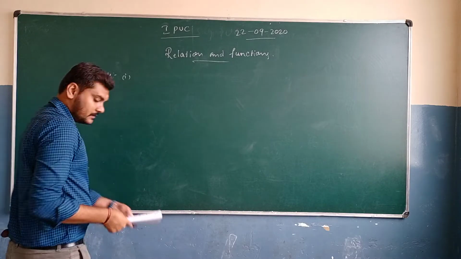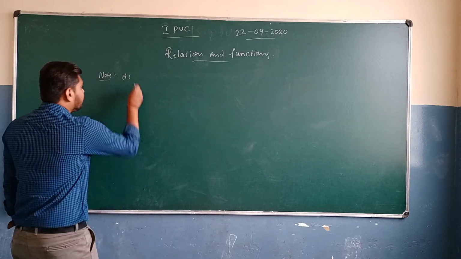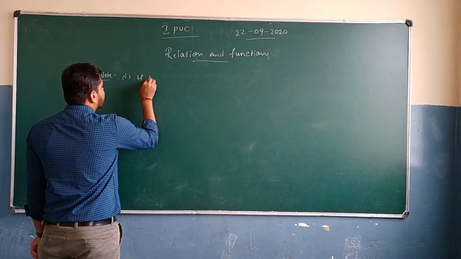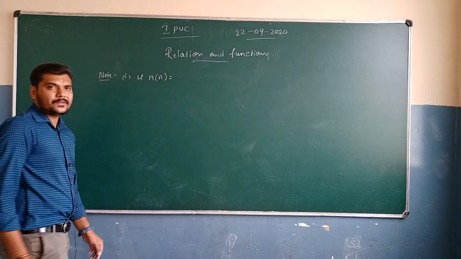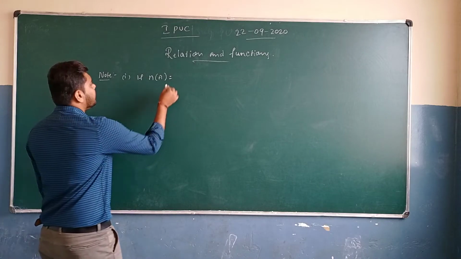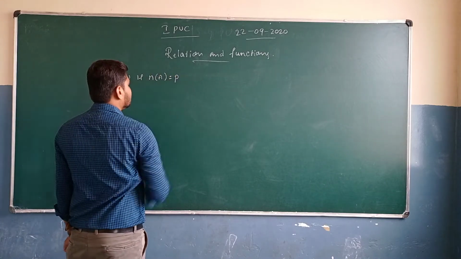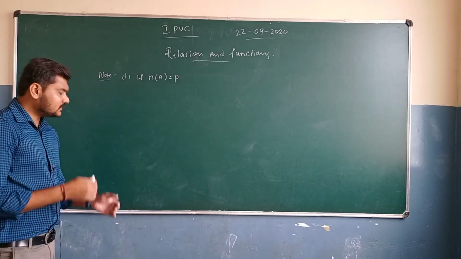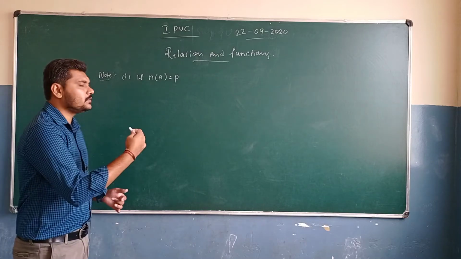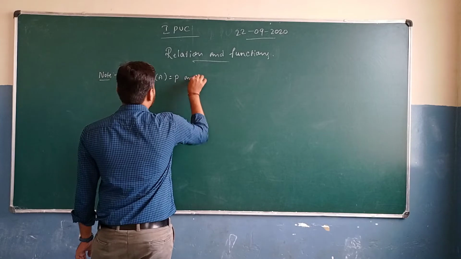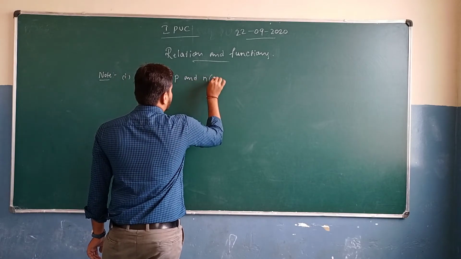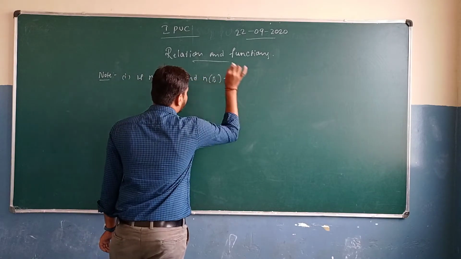The first one is, if the number of elements in a set A is going to be p numbers, p elements, meaning the set A consists of p number of elements, and the set B consists of q number of elements.